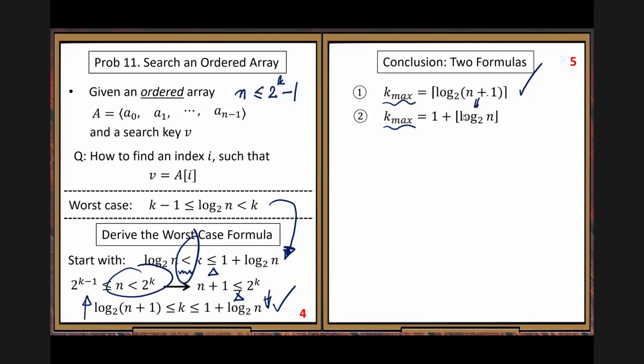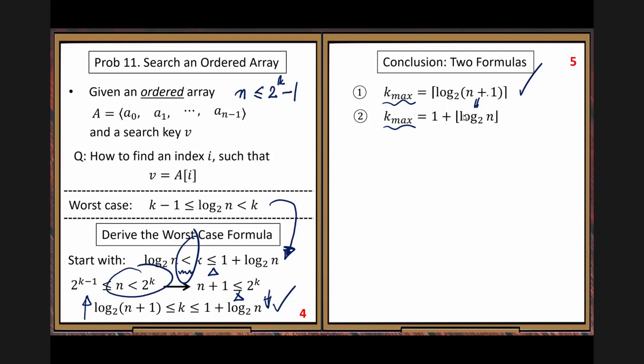But here, I skipped that proof step. I can let you know how to prove it: by mathematical induction.